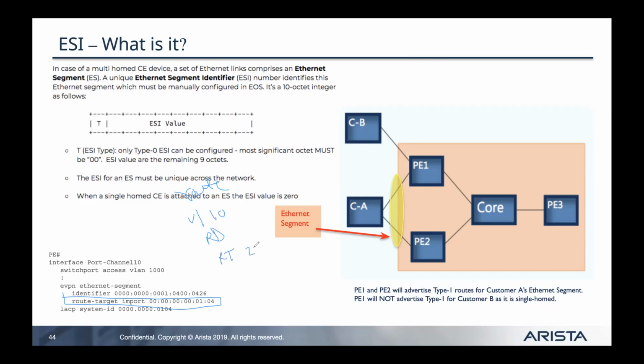So let's say 200:200 RT, import and export both. Not this RT, but this route target is what is sent in the type 4 route update message, under port channel 10.